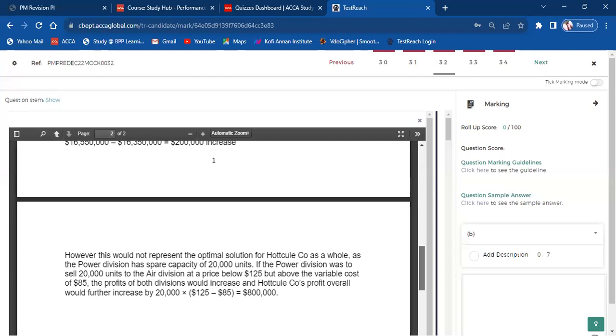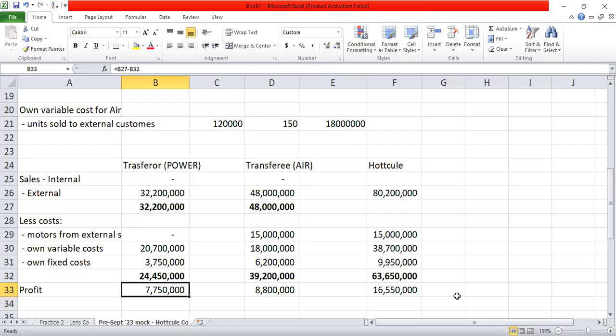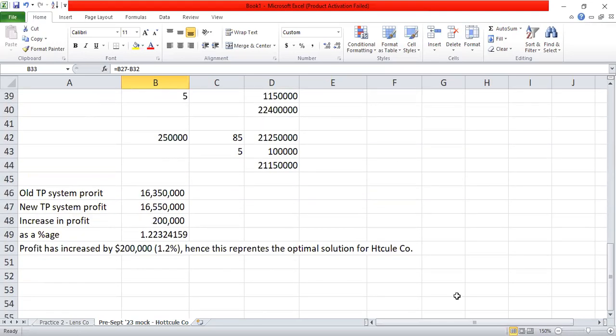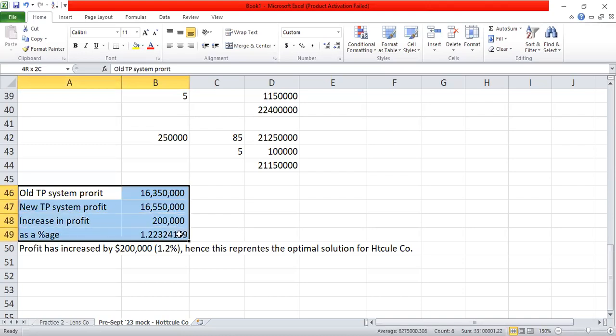In our answer, we said that it represented the optimal solution because overall profit has increased by 200,000. We will be marked correct on that assessment because that is the truth.